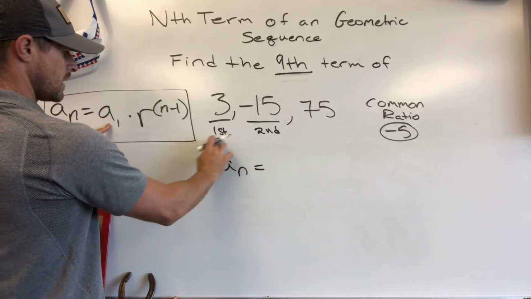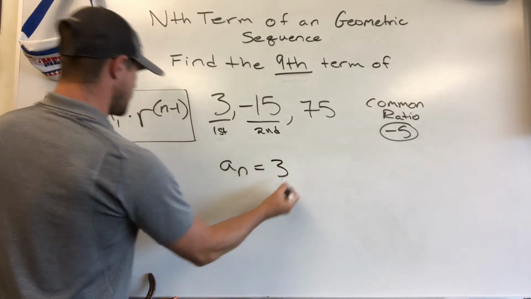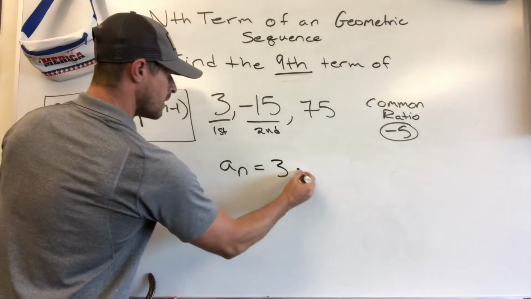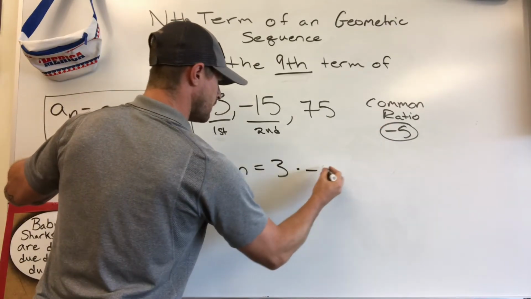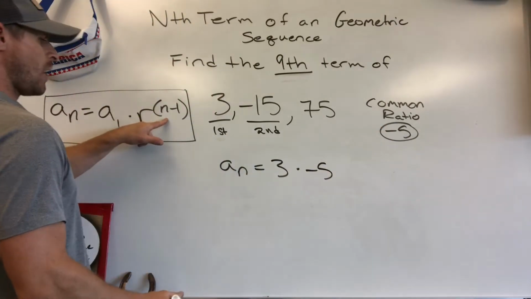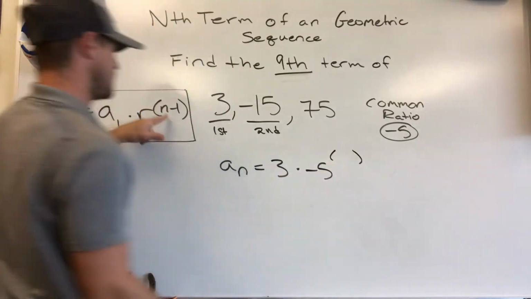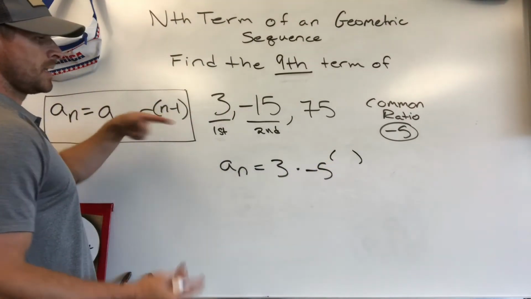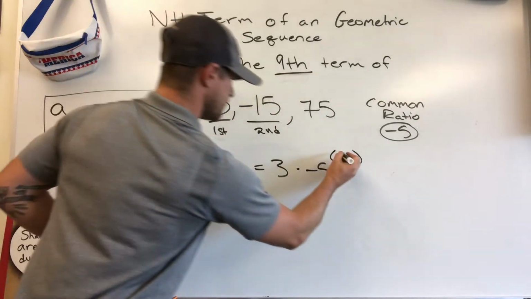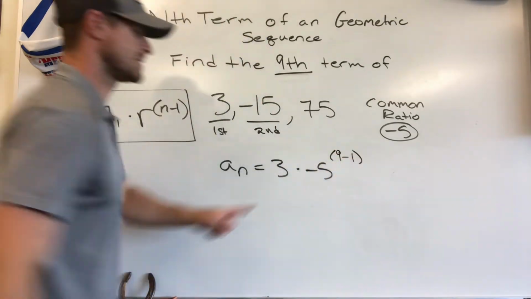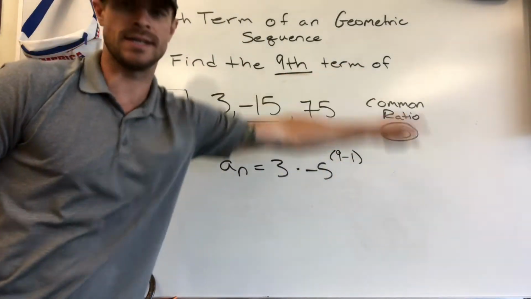A1, that's our first term, so in this case it's a 3, times our common ratio of negative 5 to the power of n minus 1. n is 9 minus 1 because 9 is the term in which we're trying to get to.